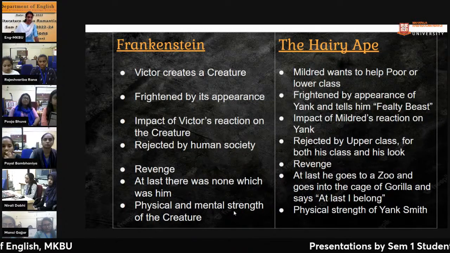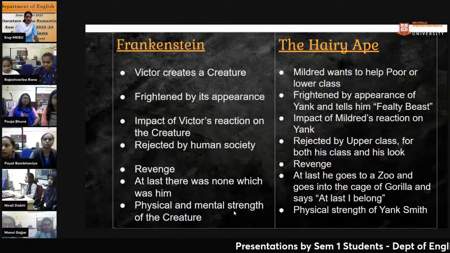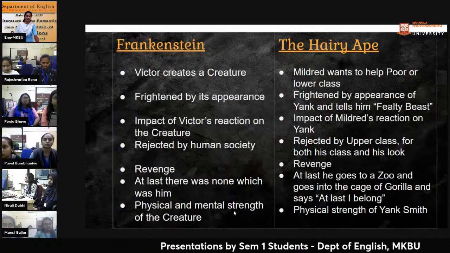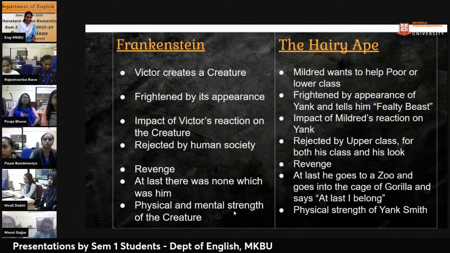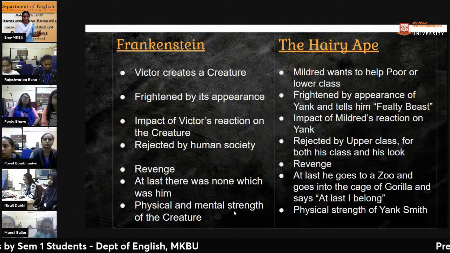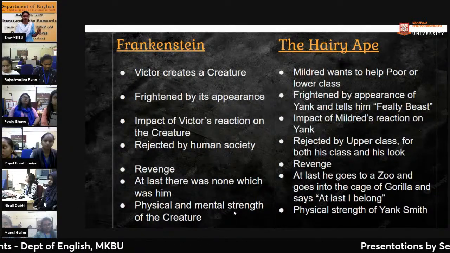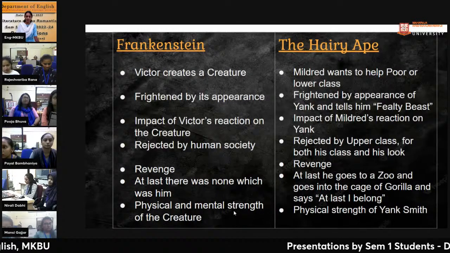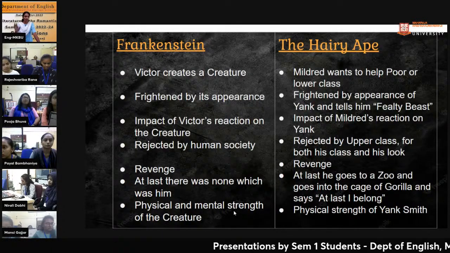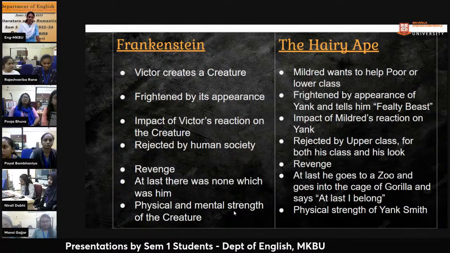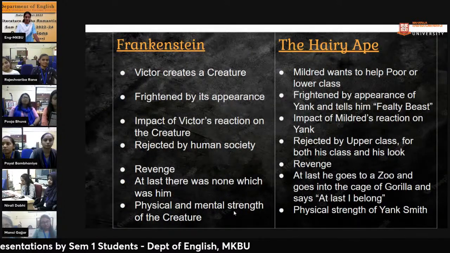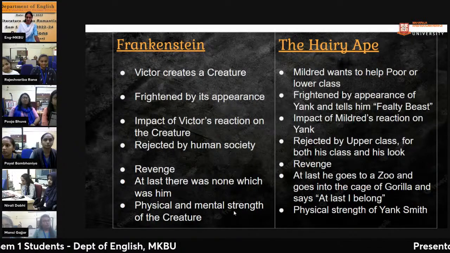He goes to the De Lacey family, and without revealing himself, he is learning. When the mother of that family was teaching the daughter, he learned from that. So we can see how strong a mental condition he has, and he was also a physically strong person.